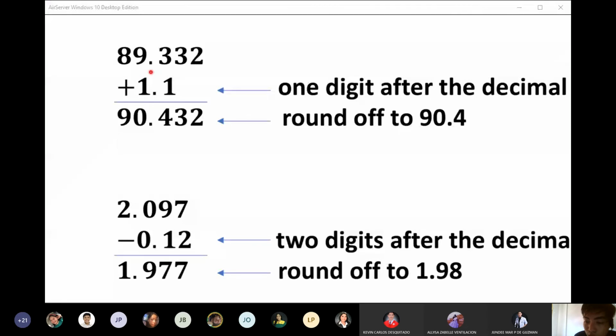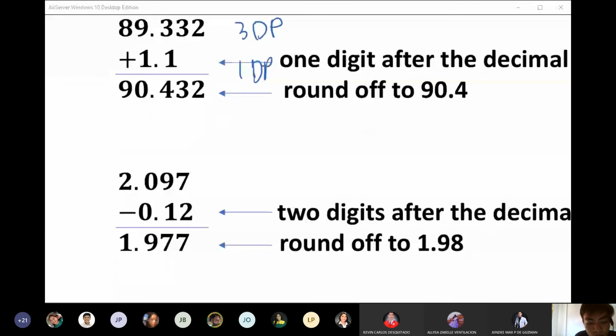So let's count the decimal places. We begin counting the decimal places right after the decimal point. So this is the first decimal place, the second, and the third. So we have 3 decimal places there. Here, we only have one number after the decimal point. So we have 1 decimal place.